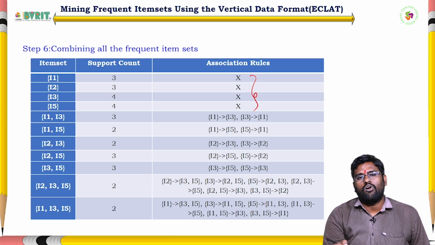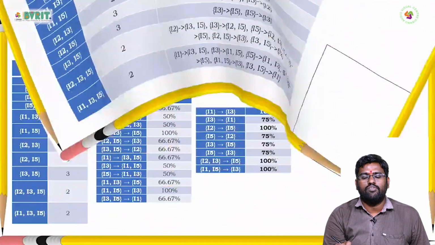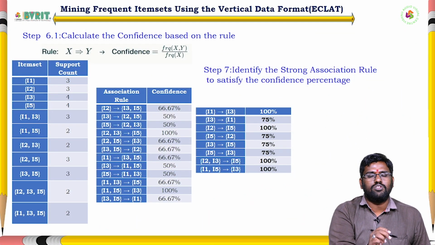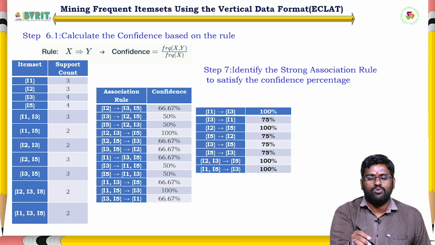Then we need to calculate the confidence value for this. So how to calculate the confidence value? These are the support counts given in the example. Now I2, I3, I5. How to calculate the confidence value?